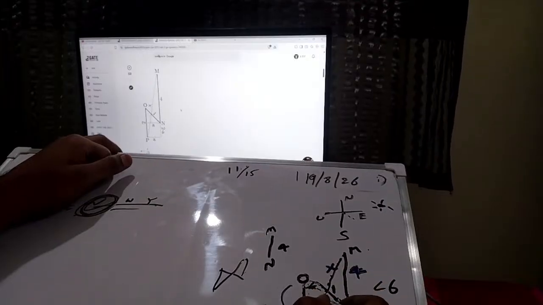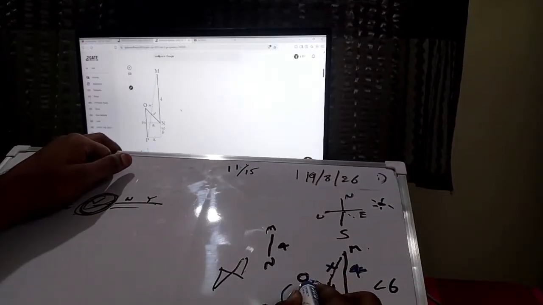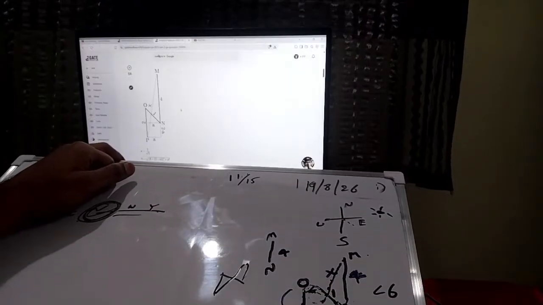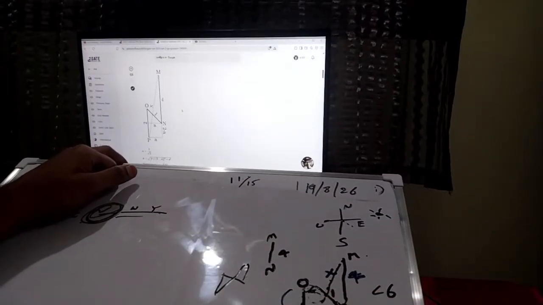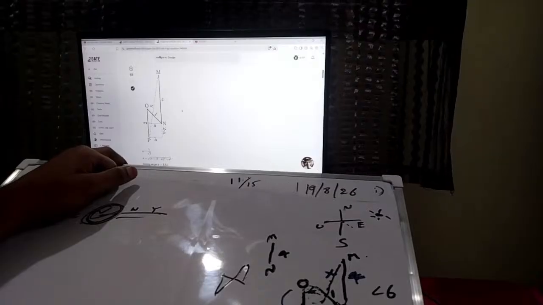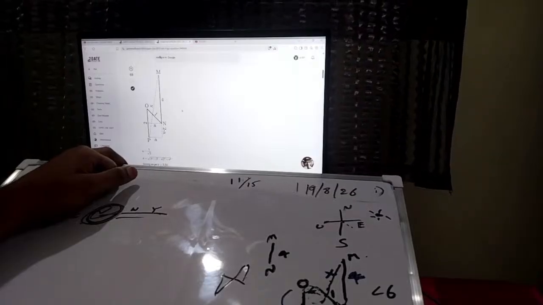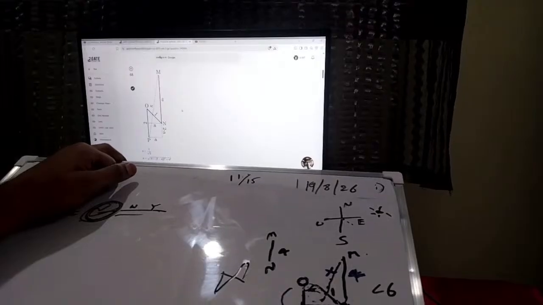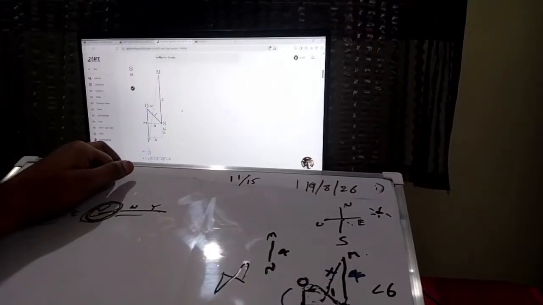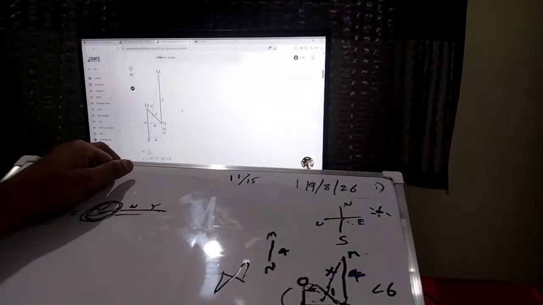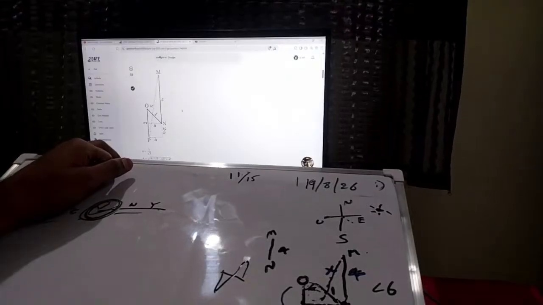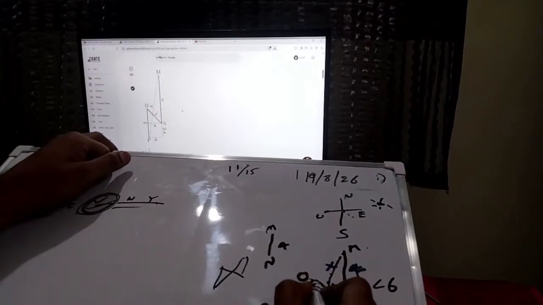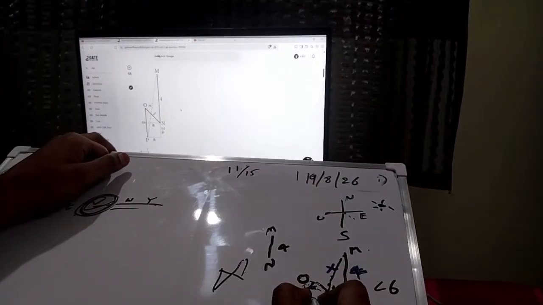If we see this triangle, here it is an acute angle and here it will be a perpendicular, 90 degrees.